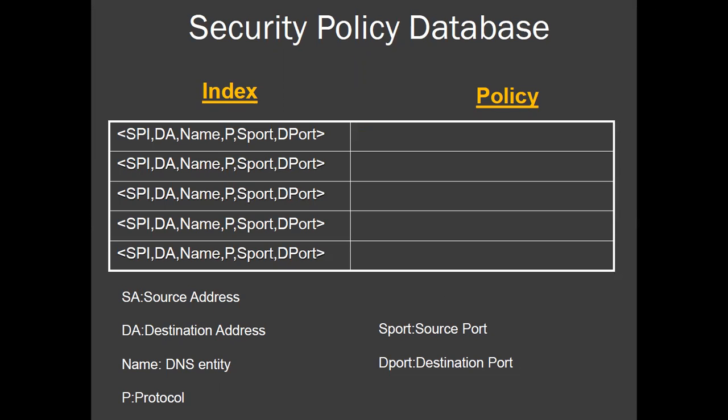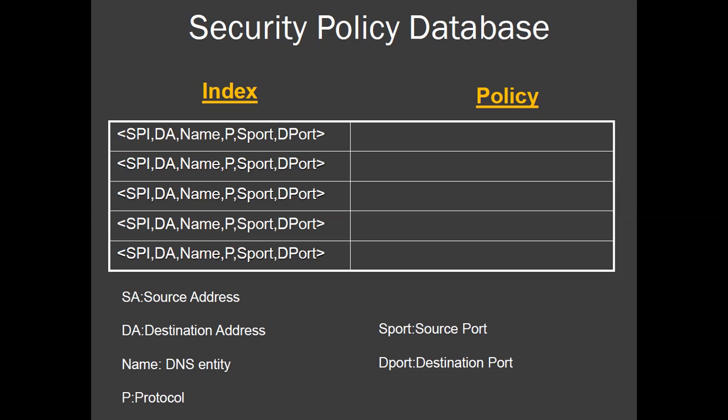Each host that is using IPsec protocols needs to keep the security policy database. Again, there is a need for an inbound security policy database and an outbound security policy database. Each entry in the security policy database can be accessed using the 6-tuple index. These 6 tuples are source address, destination address, name, protocol, source port number and destination port number.